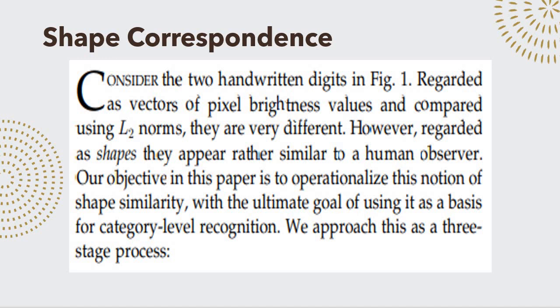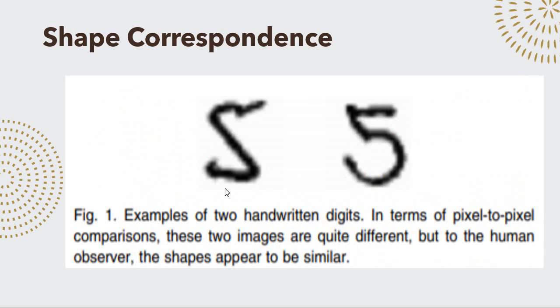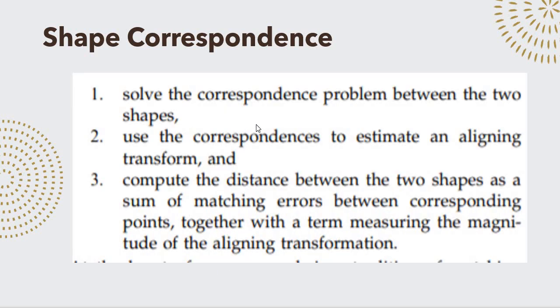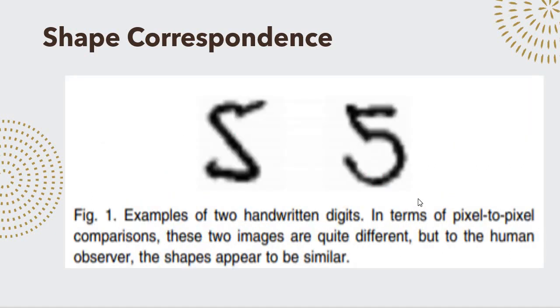So the shapes are somewhat similar if a human observes these two handwritten digits. The main objective is to solve the correspondence problem between these two shapes that look somewhat similar.